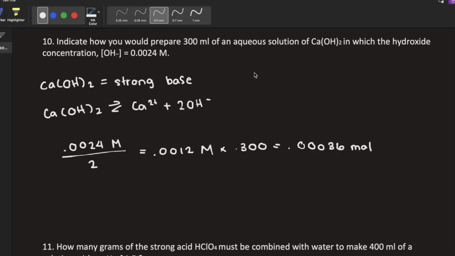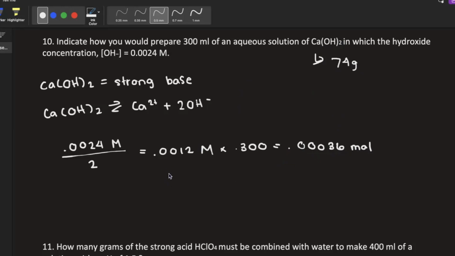Then we find that Ca(OH)2 has a total mass of 74 grams. So we want to find how many grams we need.